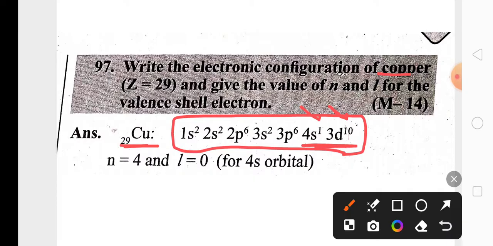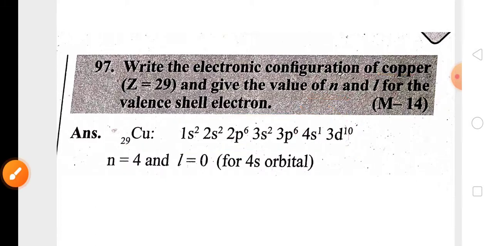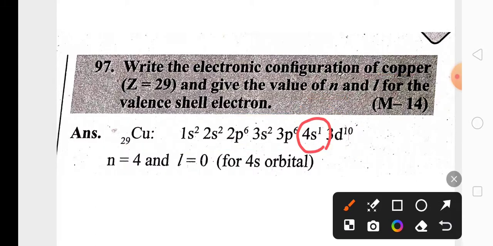So here they are asking the value of principal quantum number n and azimuthal quantum number l. The principal quantum number is the highest principal quantum number. In this electronic configuration, 4 is the highest. So n value is 4, and in the last shell the electron is entering the s orbital, and for the s orbital the azimuthal quantum number value is 0.